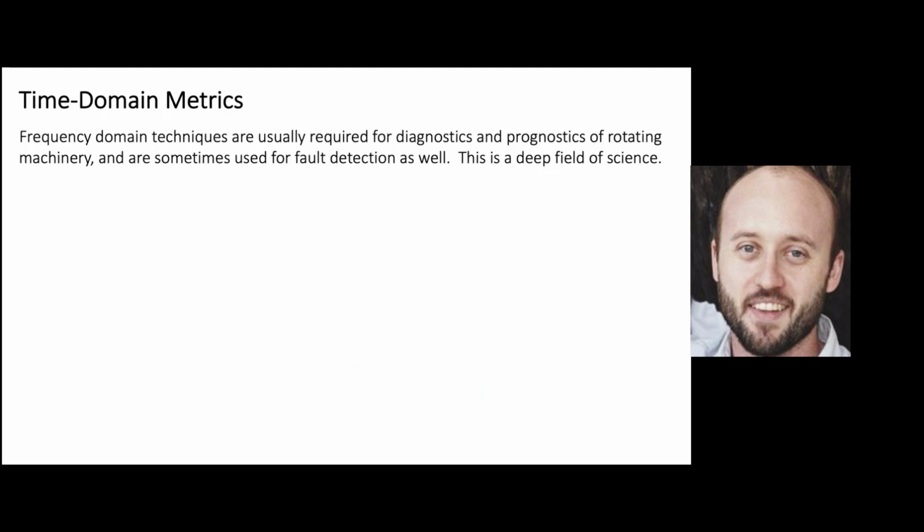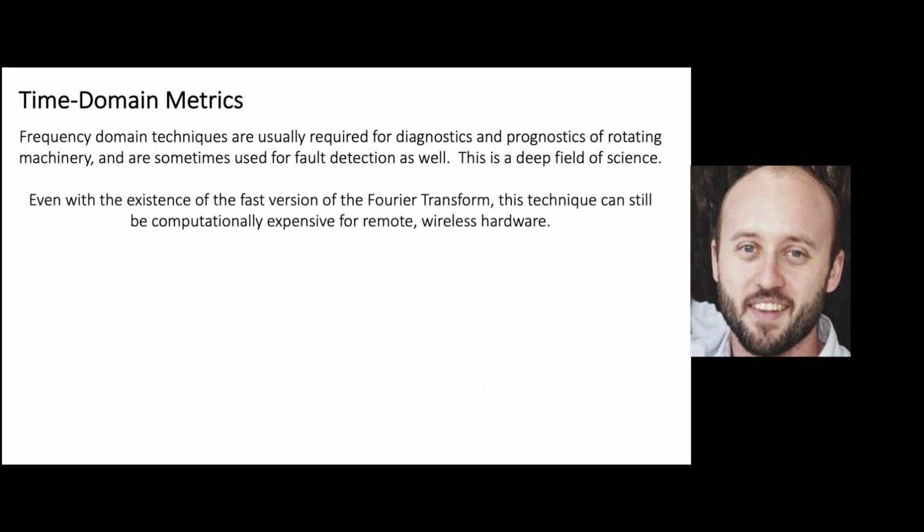So we talked about the complexity of these mathematical operations and doing things in the frequency domain. A much simpler approach that's also very helpful that we can use concurrently is calculating what we call time domain metrics. So going into the frequency domain, it takes a lot of calculation, a lot of processing. Sometimes though, we cannot perform this type of calculation on a device itself.